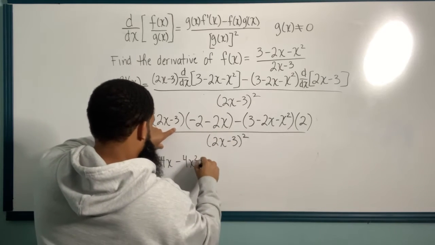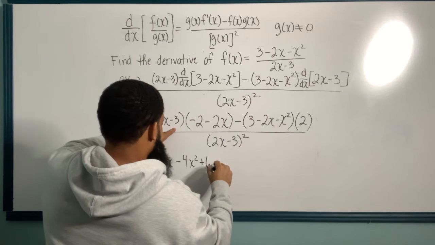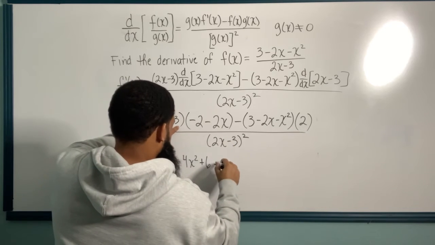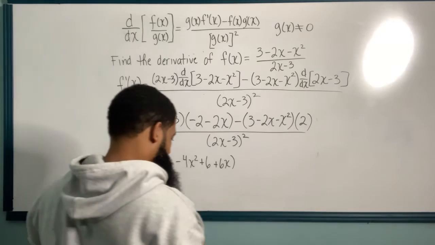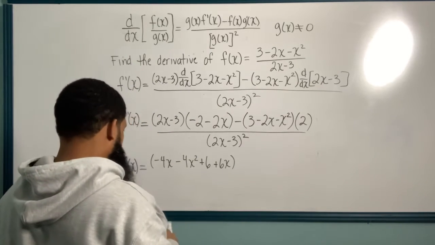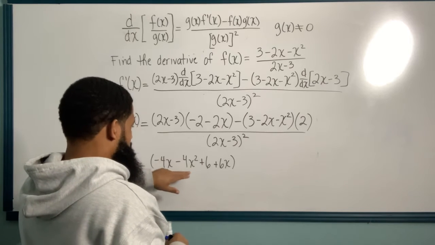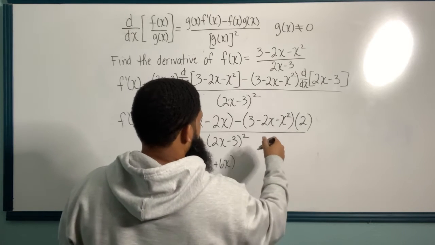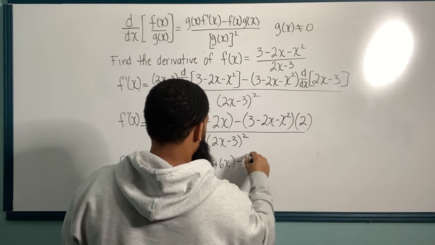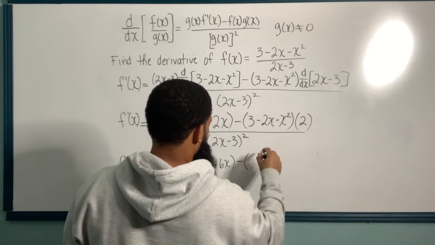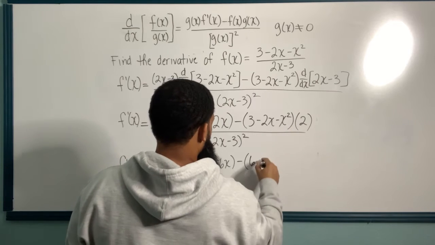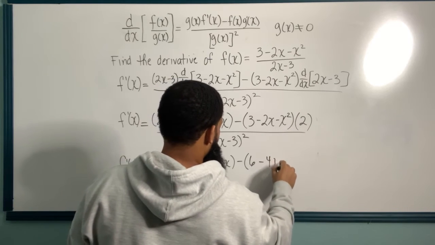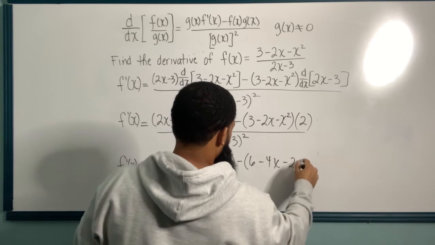And then we have plus 6, and then we have plus 6x. You got to be very, very careful with these terms when you're multiplying these binomials, right? All right, and then now we're going to say minus, and let's put this in parentheses. 2 times 3 is 6, minus 4x minus 2x squared.